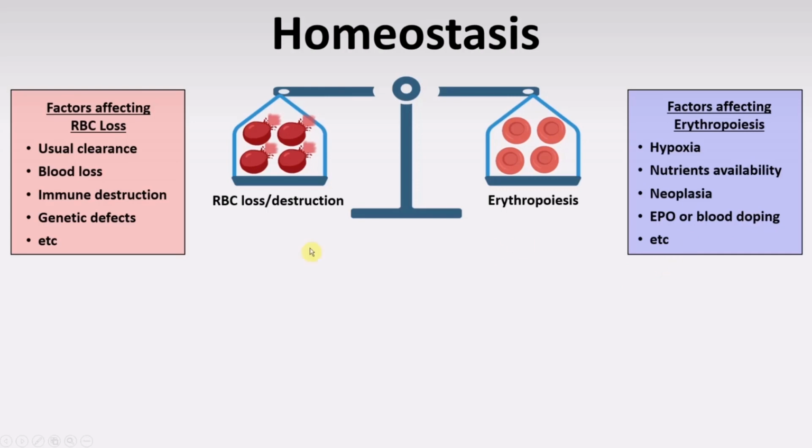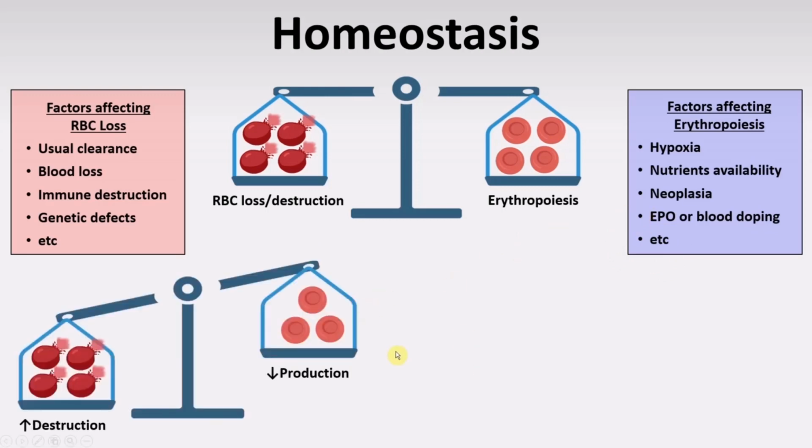So all these factors need to be balanced in order to achieve an equilibrium in the amount of red blood cells in the body. When this balance is disrupted, for example, when there's more loss of red blood cells than production, that's when anemia happens.